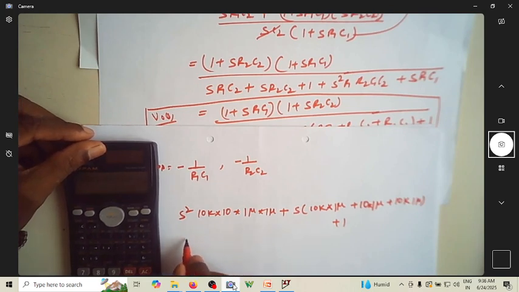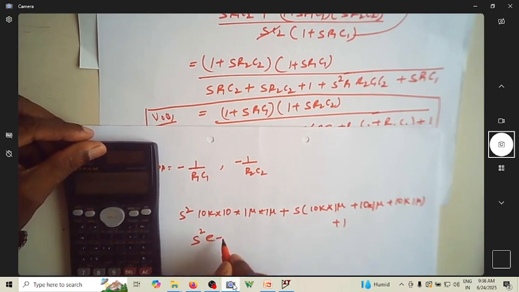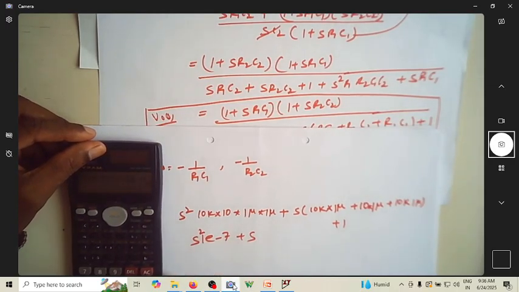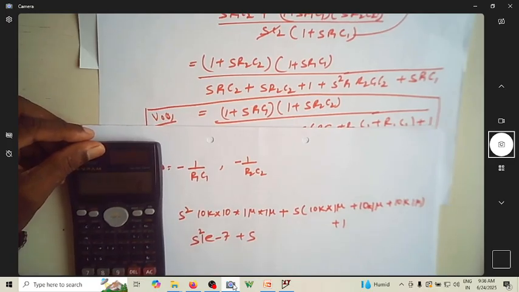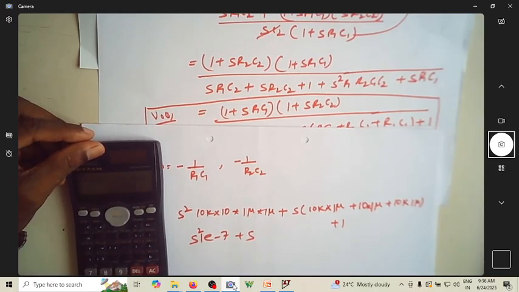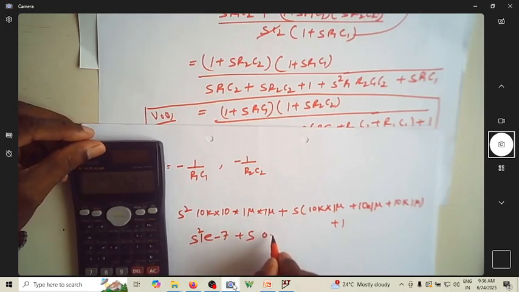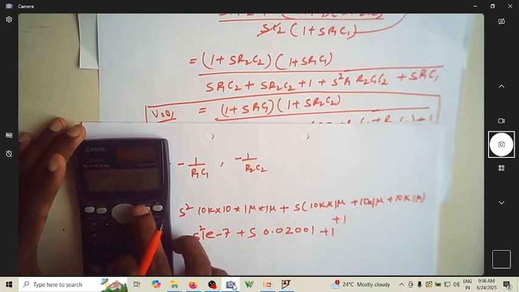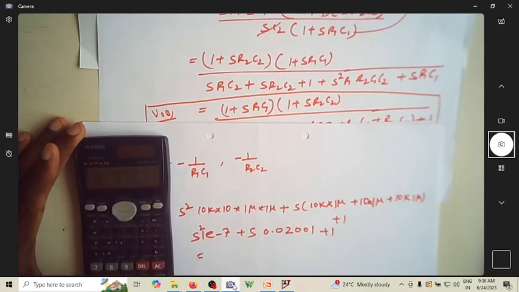It's actually s square e minus 7 plus of s into 10 exponential 3 into 1 exponential minus 6 plus 10 exponential minus 6 plus 10 exponential 3 into 1 exponential minus 6. So the value is 0.0201 plus 1. So the roots of this, let me find the roots of it.